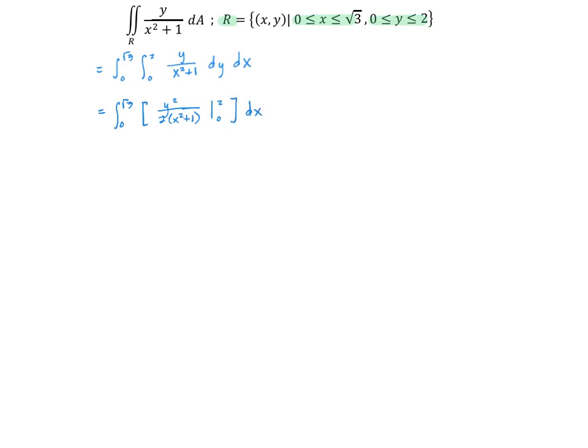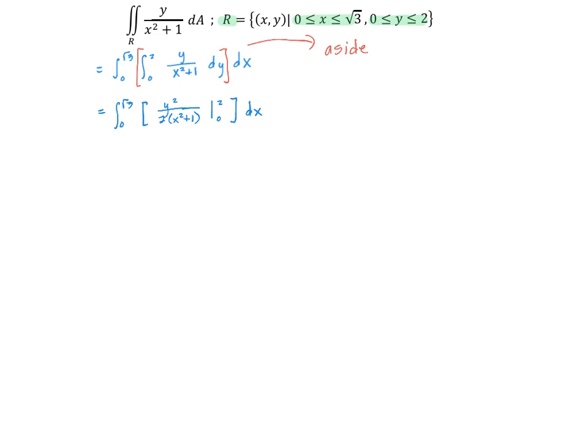Again, you can do that innermost integral first off to the side if you choose, and then plug it in later. Remember, we're putting 2 in for the y. We really don't care about the x squared plus 1 because we're integrating with respect to y.